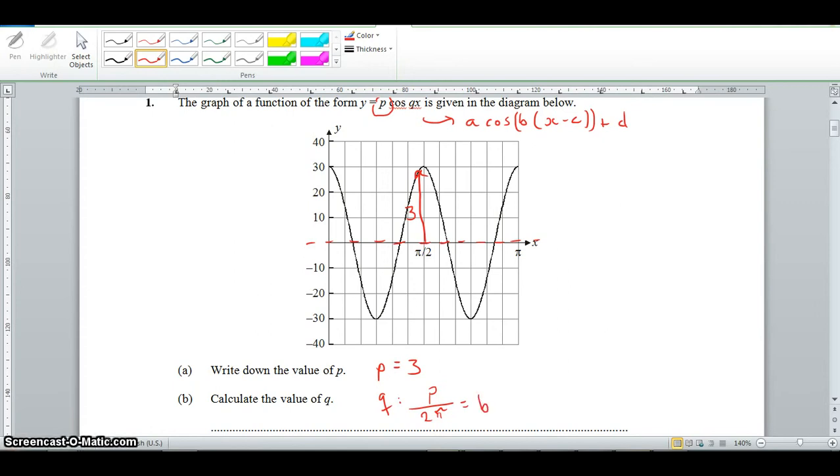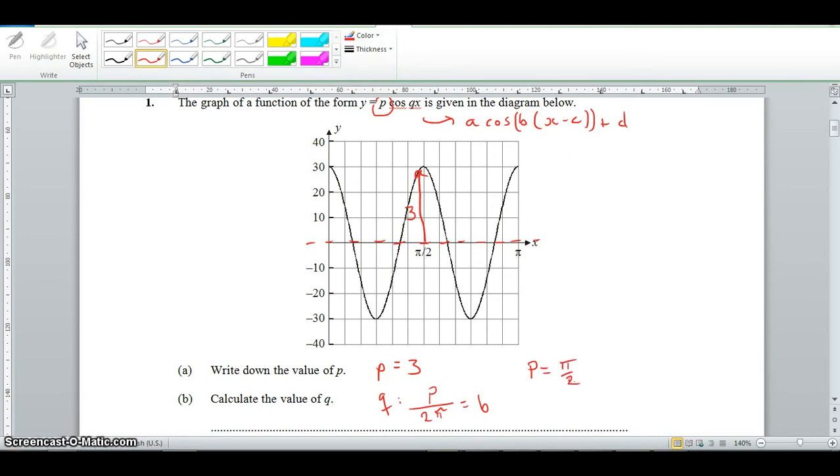That's the formula normally, but of course in this case we have the value of the period, let's write that down here, p equals pi halves.